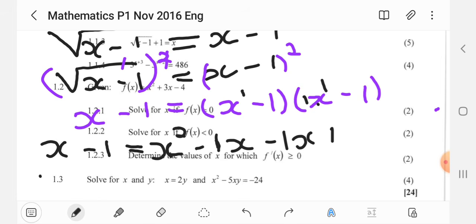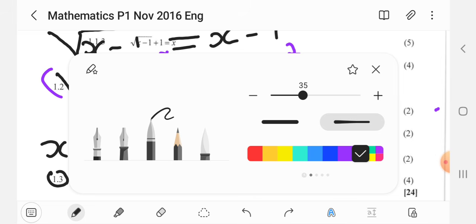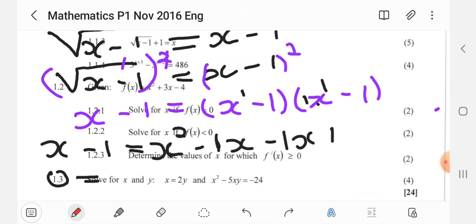We have this quadratic. So we'll say x minus 1 equals, let's say, 0 equals x squared minus 1x minus 1x plus 1.